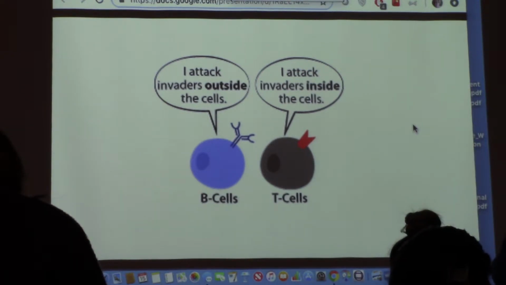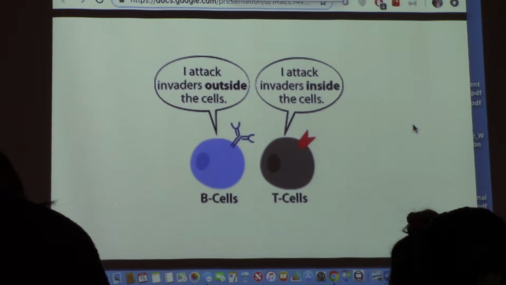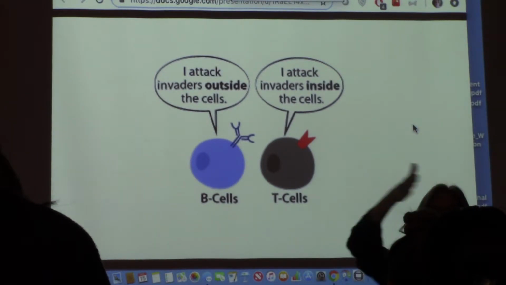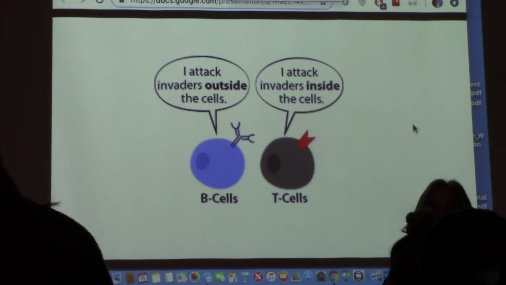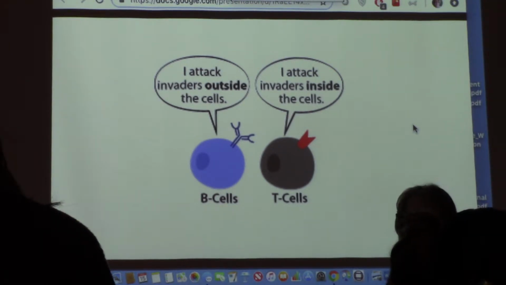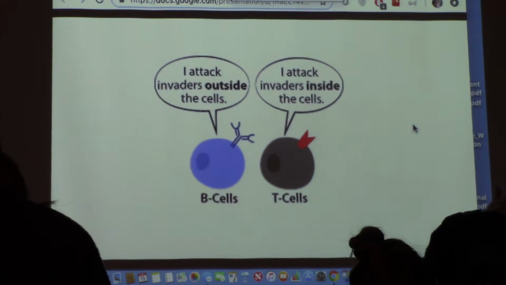We said there was a first line of defense, which is your skin, secretions, stomach acid, right? Things that keep the bacteria from ever getting in. Then we said there's the innate, the second line of defense, which is when it gets in, you're born with some things that can immediately try to kill any pathogens that get in you, right? And we said overall that's the innate immune system, things that you're born with that were present at birth.